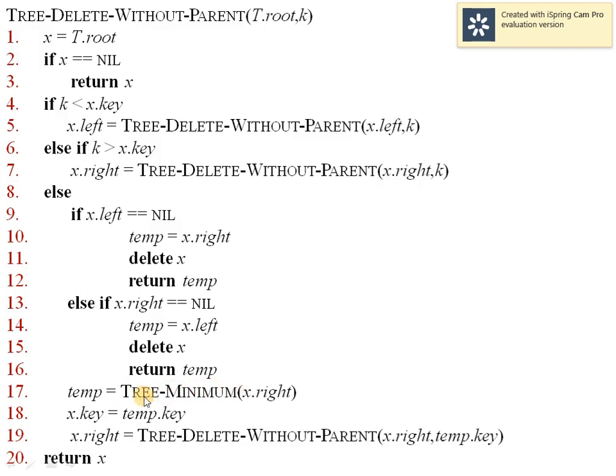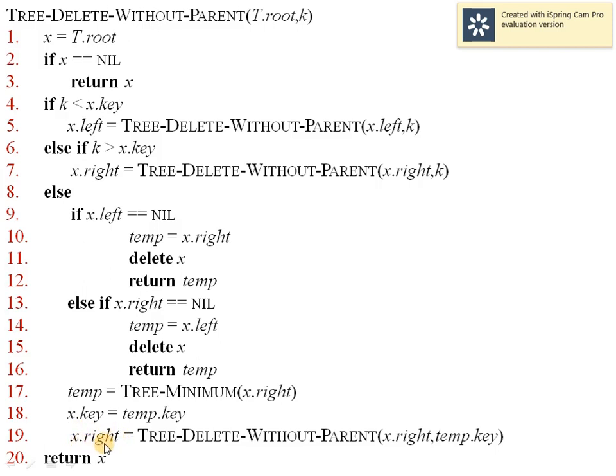So we first have to compute the successor. That means we call the tree minimum procedure on x dot right. Then we simply replace the key value at x with the key value of temp. Since we are working with the successor, that means the right subtree, whatever deletion happens will happen in the right subtree of x. It may update the right pointer.